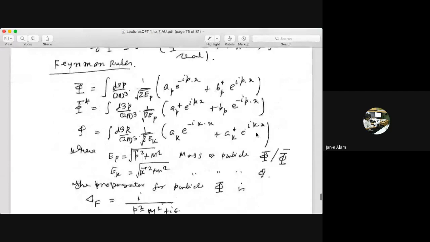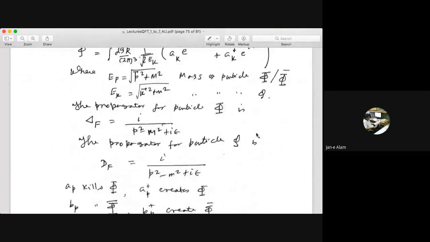Now, we have also calculated the Feynman propagator Delta_F, which in momentum space is given by i by p squared minus M squared plus i epsilon. And the Feynman propagator for the small phi field is i by p squared minus m squared plus i epsilon, where the mass is small.